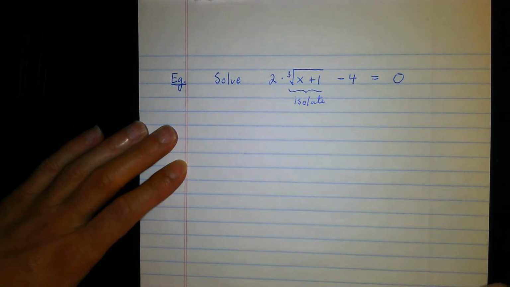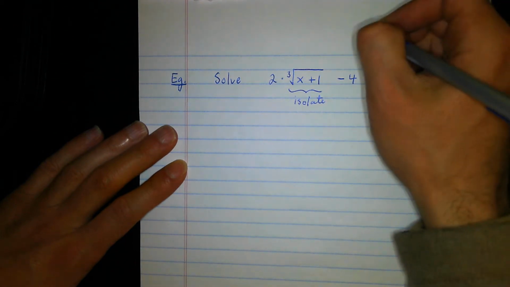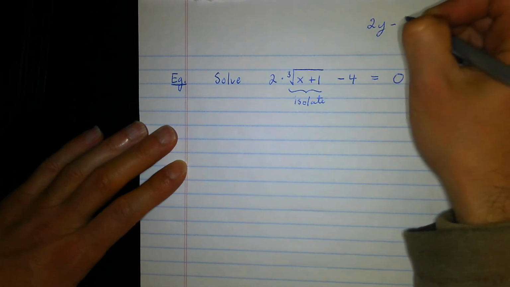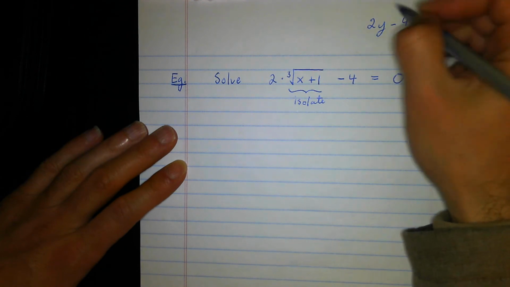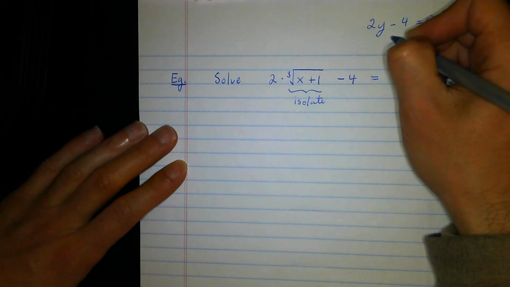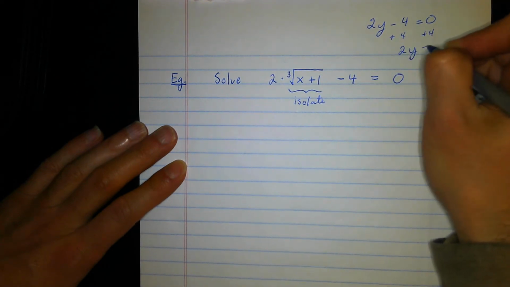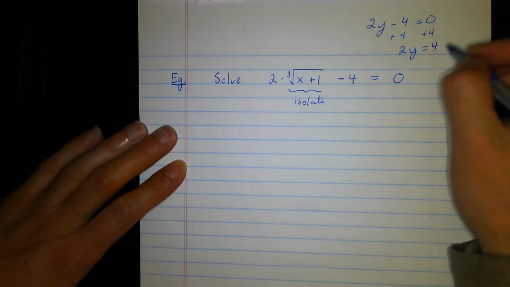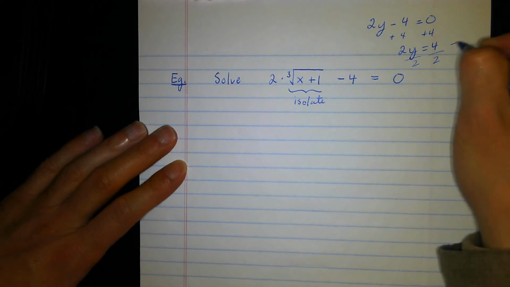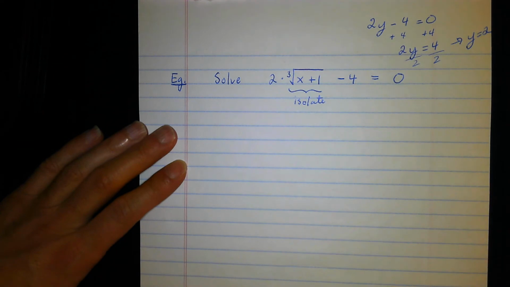Okay, and again, just ask yourself, if I were to solve 2y minus 4 equals 0, it's a linear equation, so I'm essentially just asking you to isolate y. What would you do? You would just plus 4, which would give you 2y equals 4, and then you would divide both sides by 2, which would give you y equals 2.